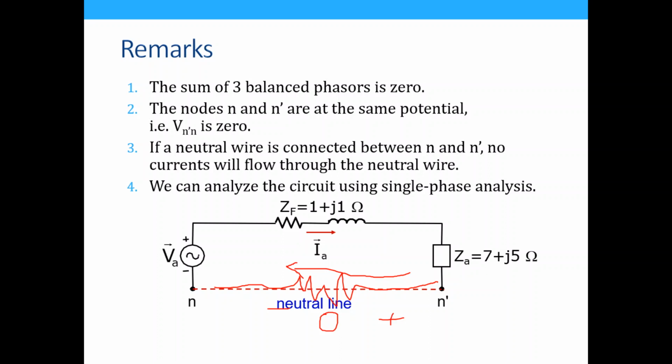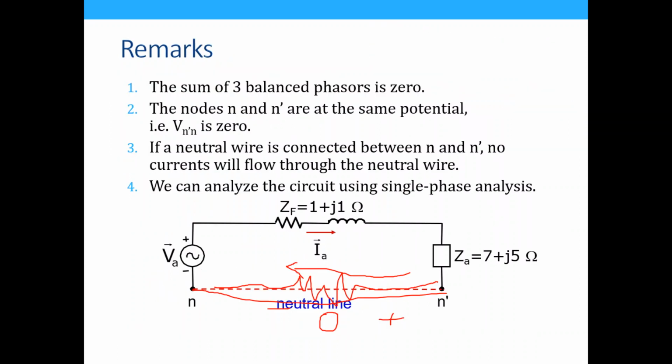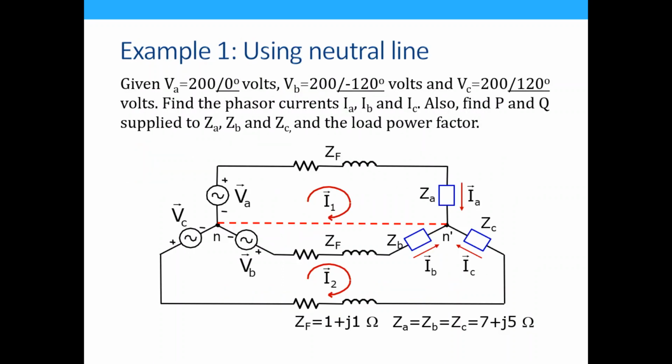So with this, we can actually connect a virtual line between the 2 points from here to here and analyze just a single part of the circuit. We call that single phase analysis. For example, let's use the same circuit, this time using the neutral line.